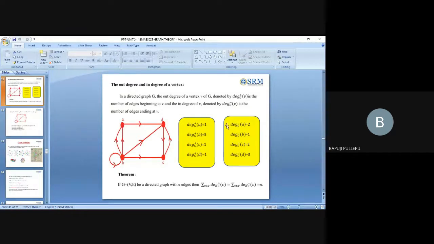So degree of A is what? Outward, inward, what is this? Directed. Out degree is 1, from A going outside. This is coming inside. So in degree is what?